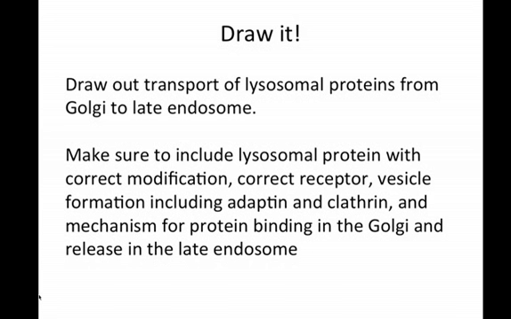I wouldn't say high. It's less than 1. It's like going from 6.5 to 6 or something like that. So this is like a pH of 6, and this is like a pH of 6.7 or something like that. But that pH change is enough to disrupt the interaction between the acid hydrolase and the receptor.